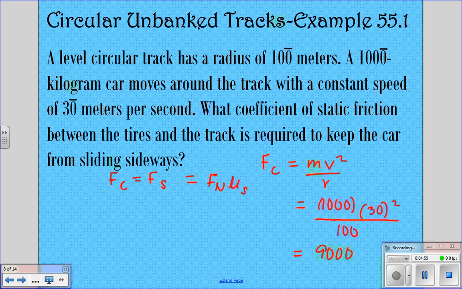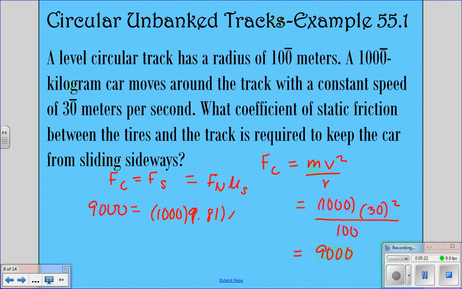We talked about that way at the beginning of the year. And so we know that our centripetal force is 9,000. F sub n is just your mass times your gravity. So our mass is 1,000 and our gravity is 9.81.